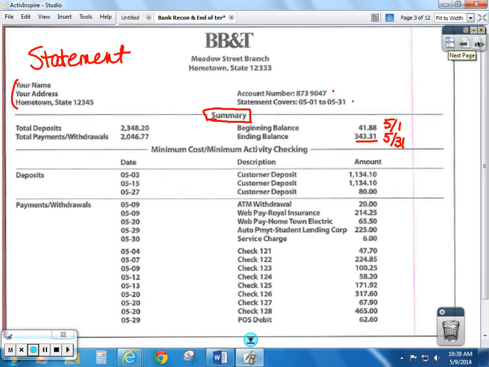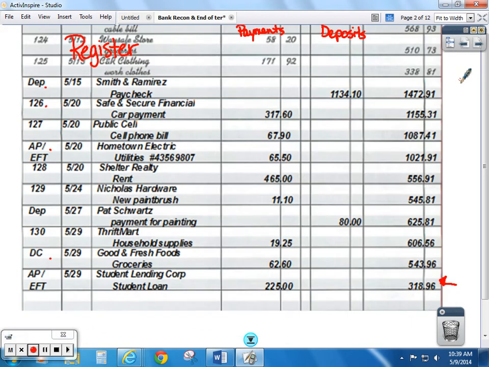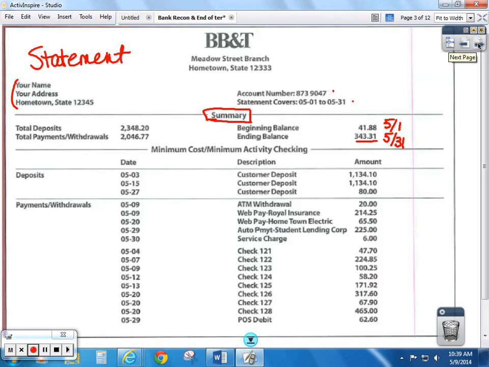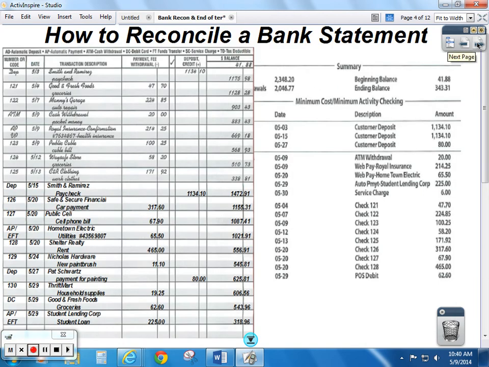Perhaps they have deposited the wrong amount into your account. You need to check the bank, and you need to check yourself every month. Another reason is there might be some charges that you don't know about, that you've not recorded.